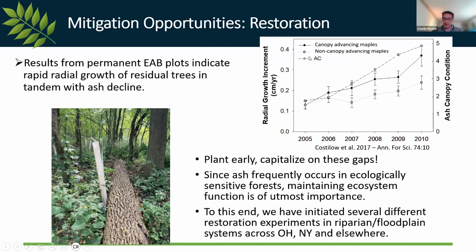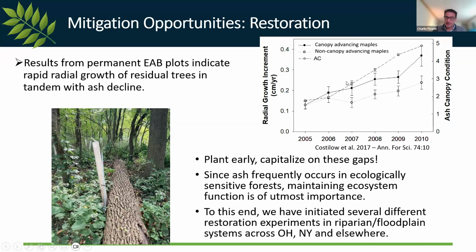Here, if we look at ash canopy condition, this gray stippled line, from Toledo here, we go from reasonably healthy ash canopy conditions of 1 all the way up to dead conditions, 5 years later. In tandem with that, whether or not these trees were suppressed or co-dominant doesn't really matter. They still both get a growth bump associated with the decline of ash.